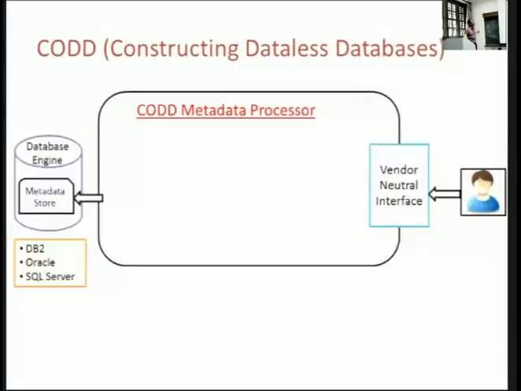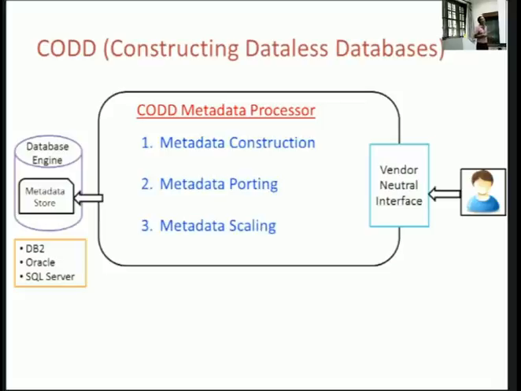Okay, so what we constructed in our lab is essentially a software called CORD, which is a metadata processor that has three features. The first is metadata construction. If your database system does not have the correct metadata, you can construct it yourself using this software.